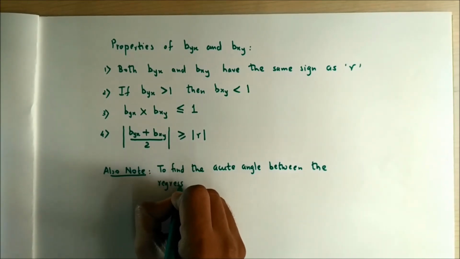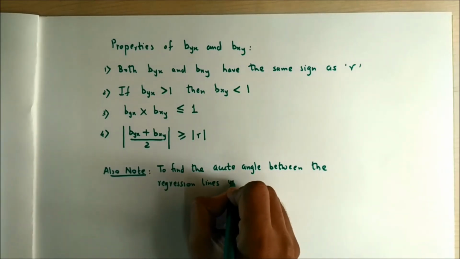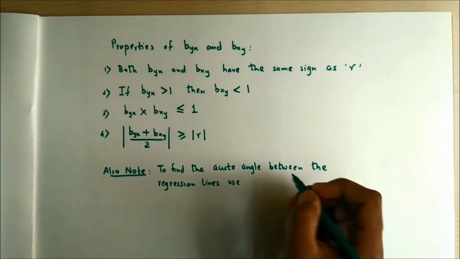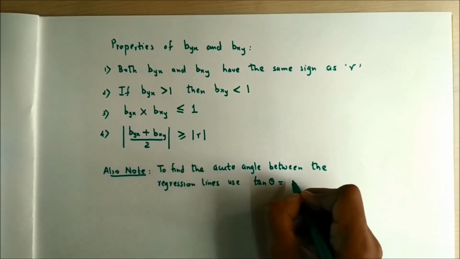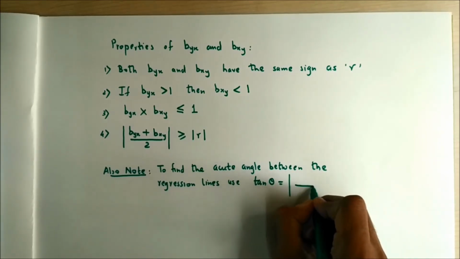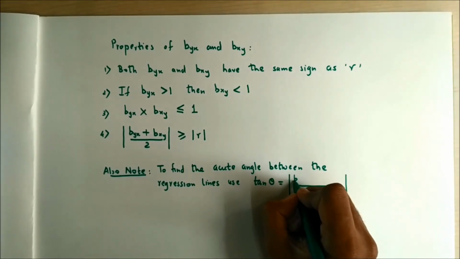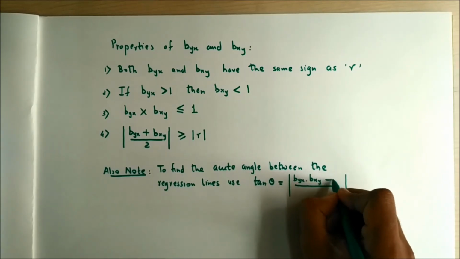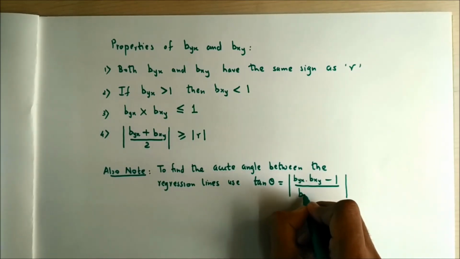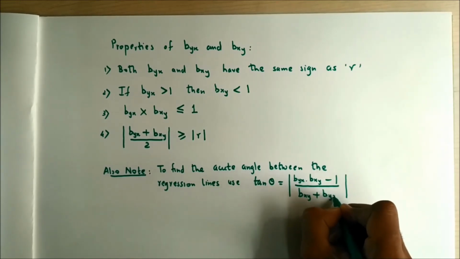To find the acute angle between the two regression lines, we simply use the formula tan theta equal to modulus of, the product of the regression coefficients, that is byx into bxy minus 1, upon the sum of the regression coefficients, that is bxy plus byx.